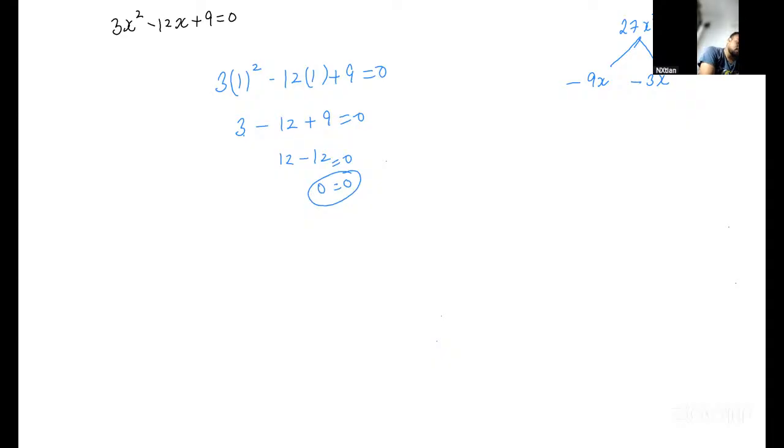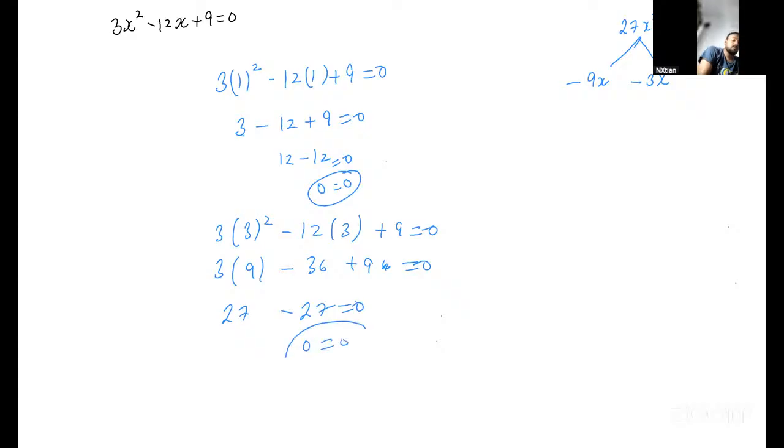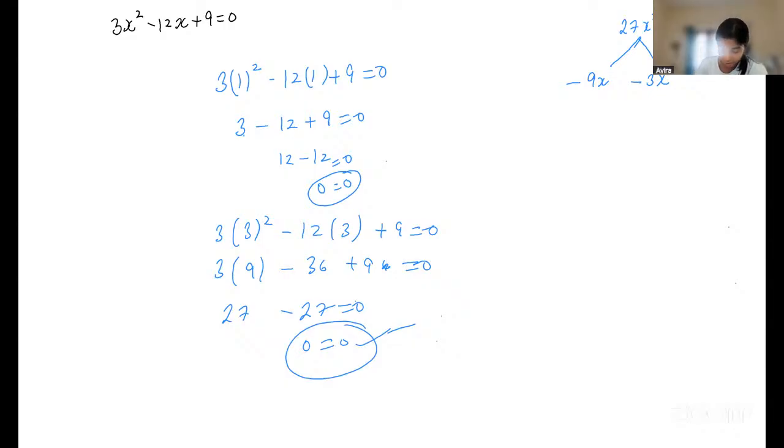And if you put 3, 3 into 3 square minus 12 into 3 plus 9 equals 0. So it will become 3 into 9, minus 36 plus 9 equals 0. 3 nines are 27, 27 minus 27 equals 0. 0 equals 0. You got the other one also. Oh yes, I did the verifying wrong.